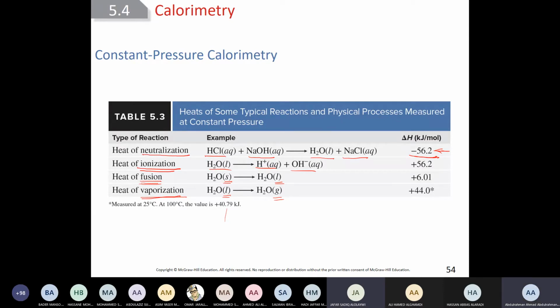Exactly. So I can give you a question and say, for example, the delta H for a reaction is equal to X for the vaporization of mercury. So what's the reaction?